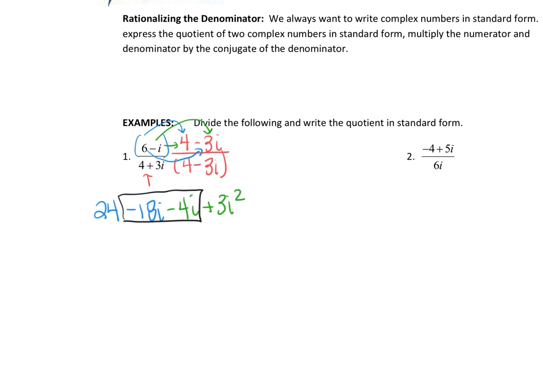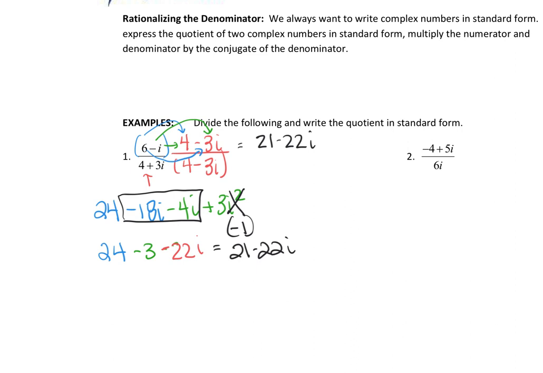And remember back here, you have an i squared, which means a negative 1, and it's going to change that sign, so you're left with 24 minus 3. And then minus 18 minus 4i is a negative 22i. And so when we clean that up, 24 minus 3 is 21, minus 22i at the top. So the top is just 21 minus 22i.